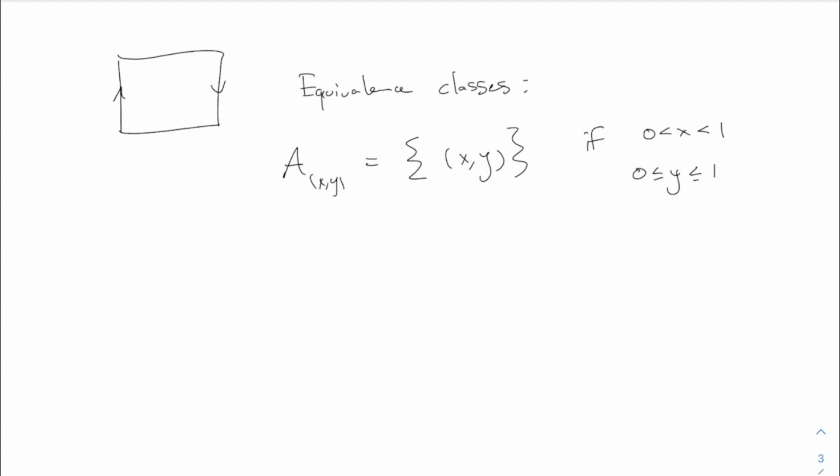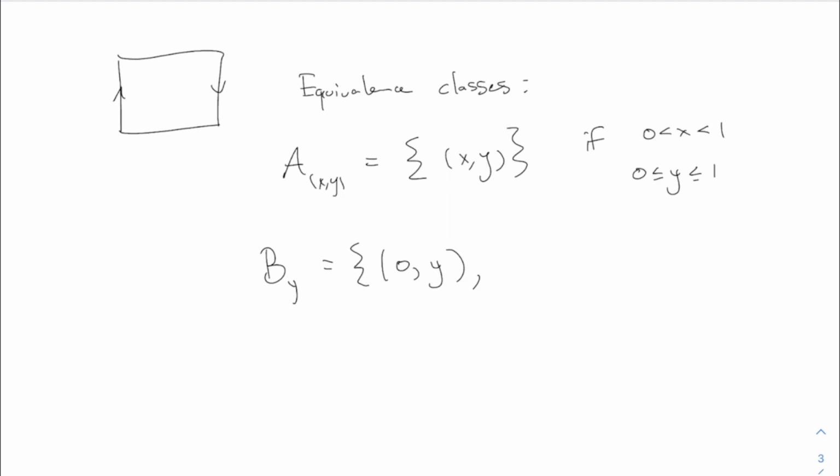And then the other set is the one in which things are glued together. So I'll call this y's, because you have to be a little cute about this, but can anybody say what point does 0, y get glued together with? In the example of the circle, I glued 0, y with 1, y.